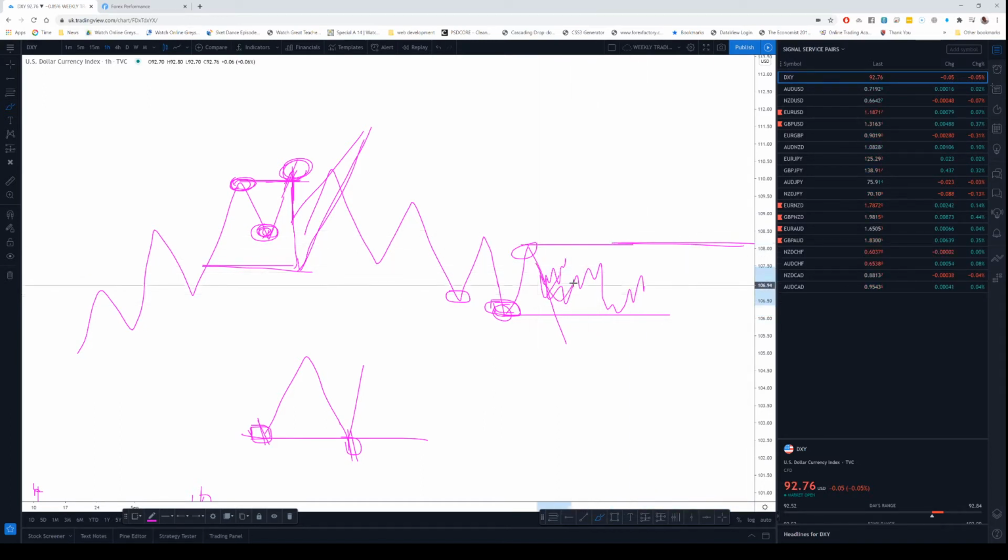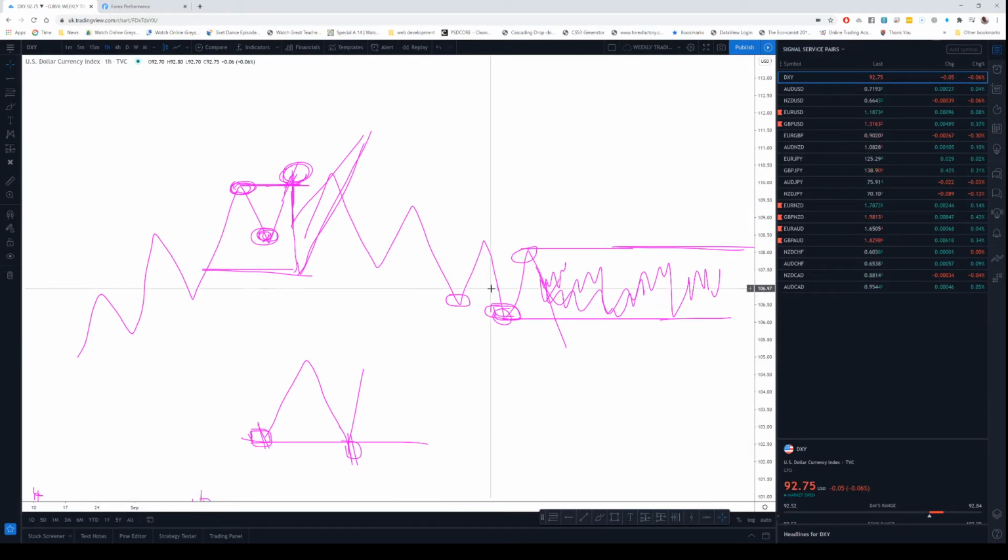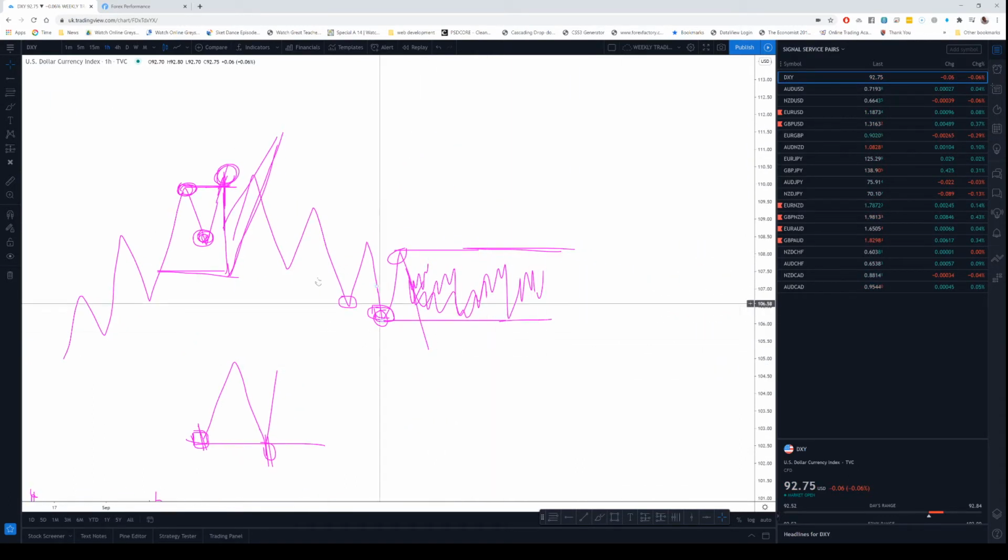It can keep doing what it needs to do in here, and this is where a lot of people lose money, because the structure is still bearish, right? It's not broken below or above here.